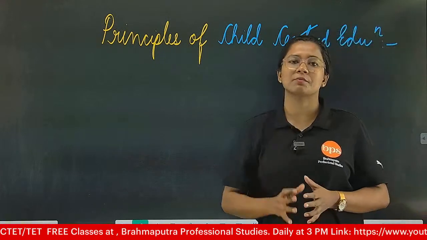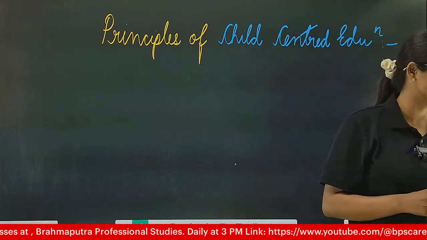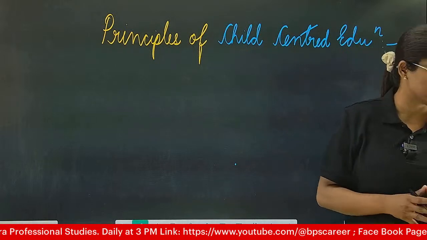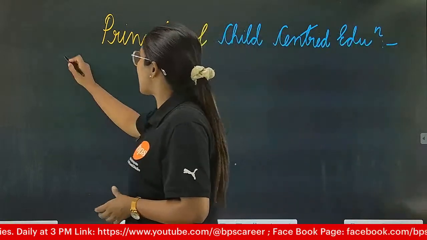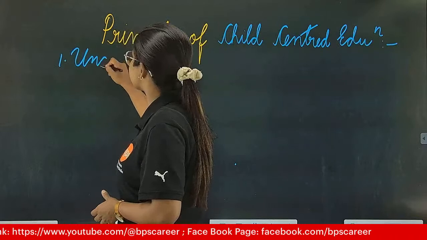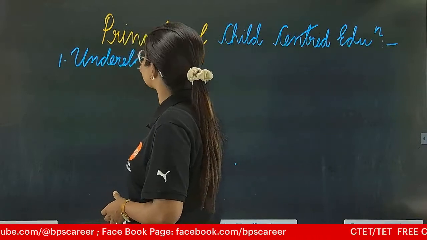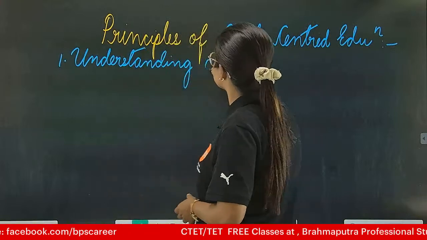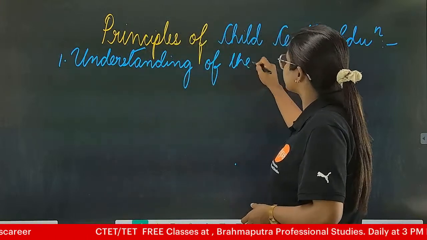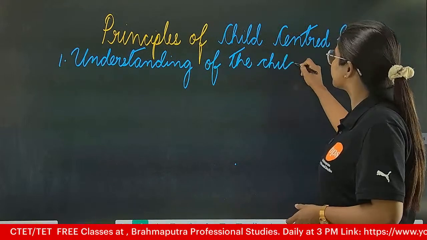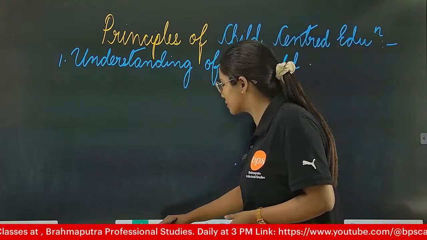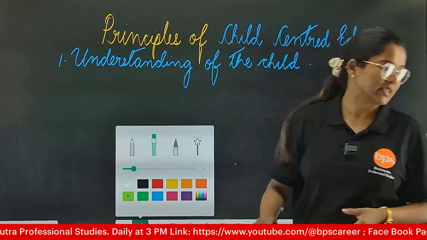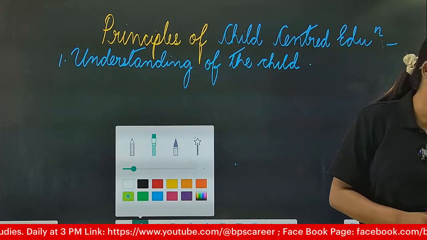When we are speaking about the principles, let us go to the six principles. What is the first one? It is the understanding of the child. Next, we will go to the next concept, that is evaluation and testing.